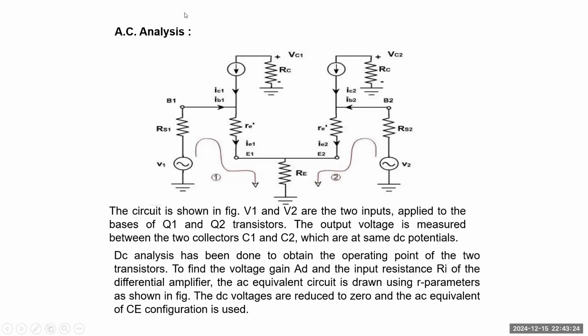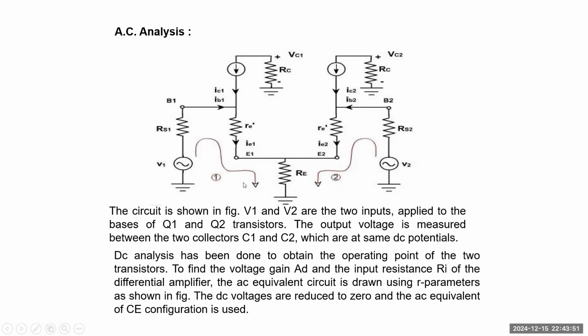For the AC analysis, we make the DC sources zero and apply the AC sources. So here we apply V1 and V2 as sinusoidal signals to the two bases of the transistors. Here the transistor is replaced by its equivalent r model, where re indicates the AC resistance of the transistor.